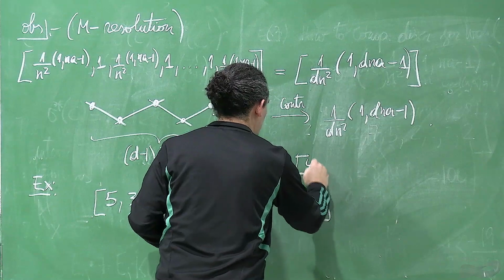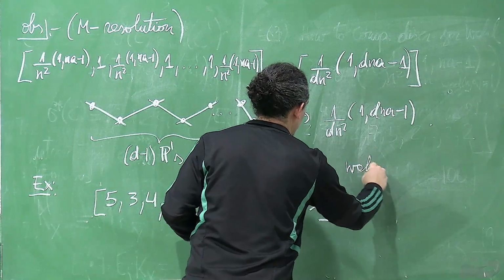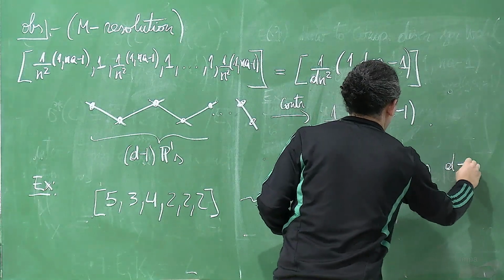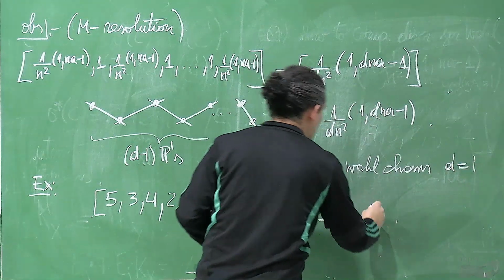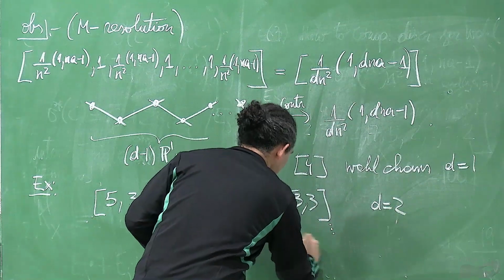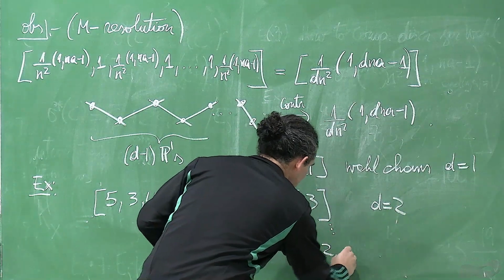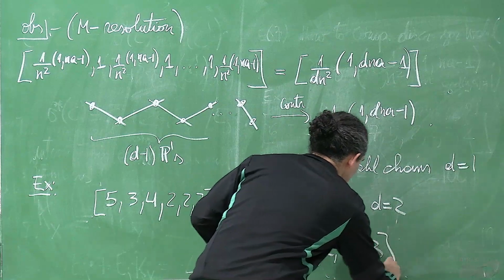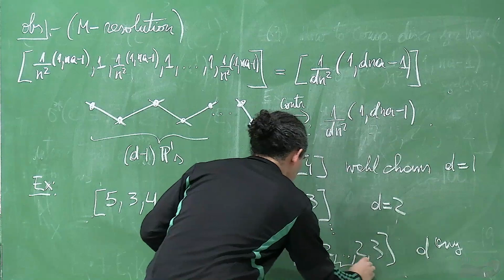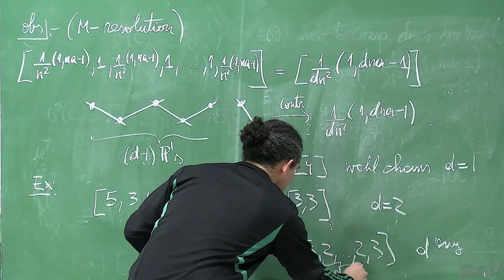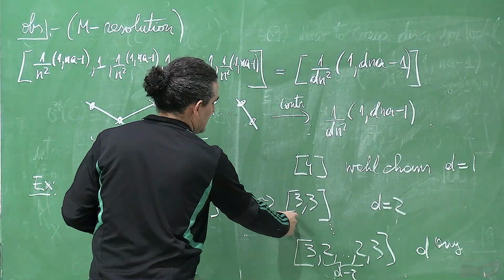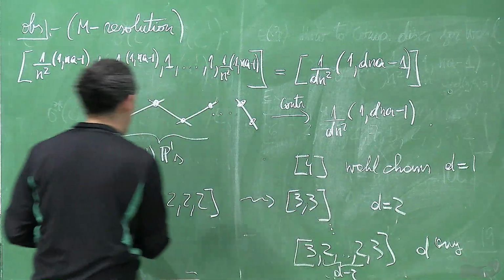We start with 4 when you want Wahl chains. This is d equals 1. You start with 3, 3 when you have d equals 2, and now you have a T chain. And in general, for any d, you start with a 3, then only 2's, and then 3. The number of 2's in between is d minus 2. So in this case, this is the initial T chain for d equals 2, and then you have that.